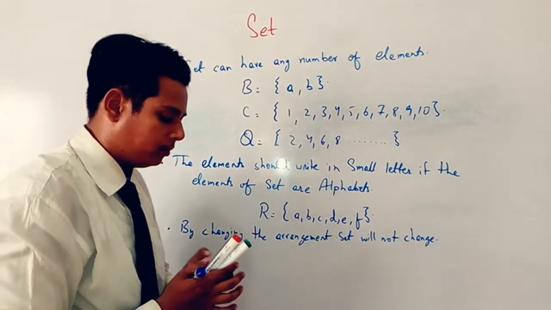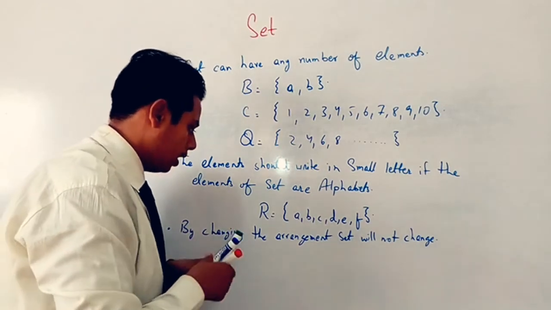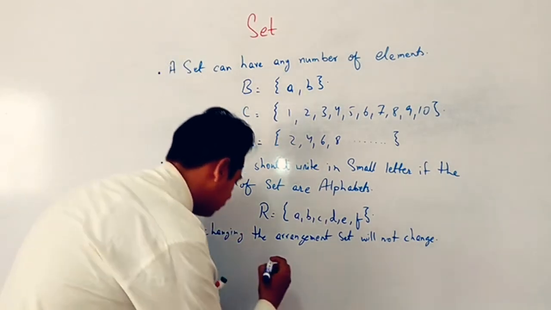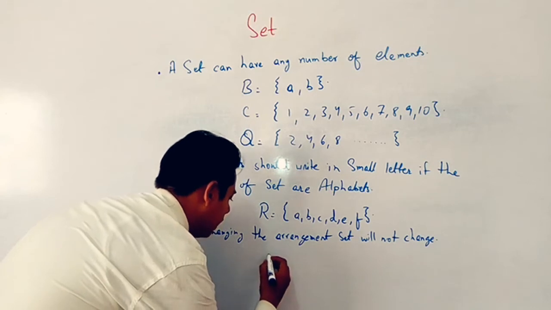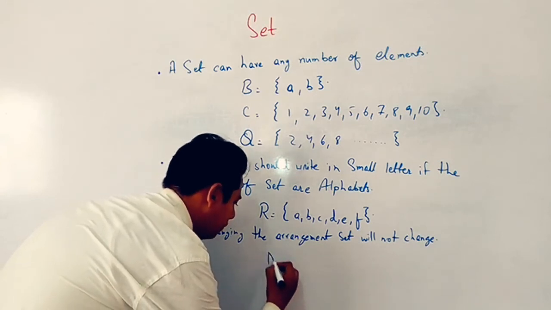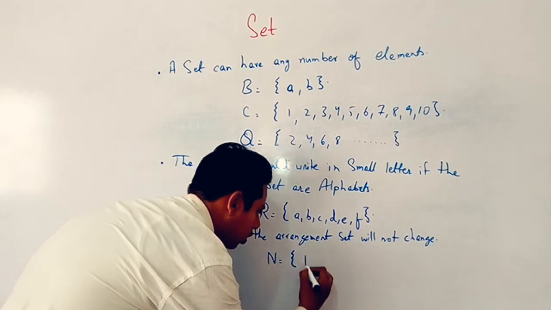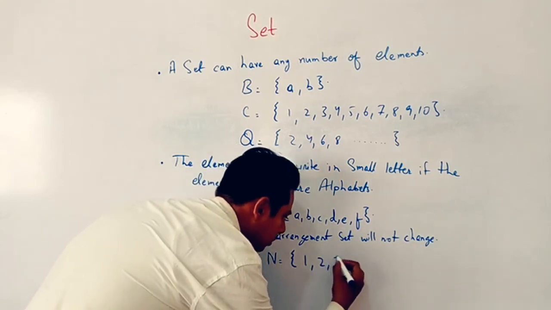Let's suppose a set is there with the name N, in which 1, 2, 3 is there.